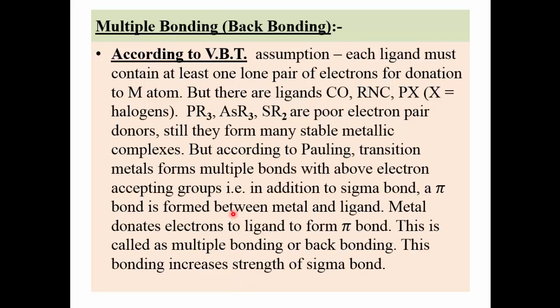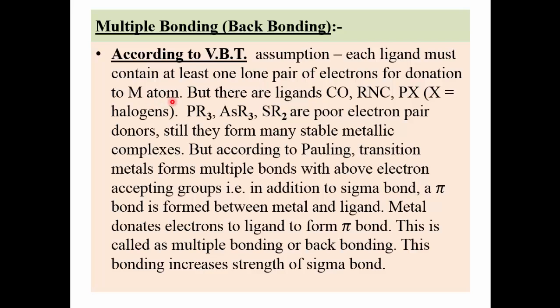Let us discuss the next point of this chapter, that is multiple bonding, which is also called back bonding. In the start of this chapter we discussed the assumptions of valence bond theory. In that there is one assumption which is very important: each ligand must contain at least one lone pair of electrons for donation to the metal atom.